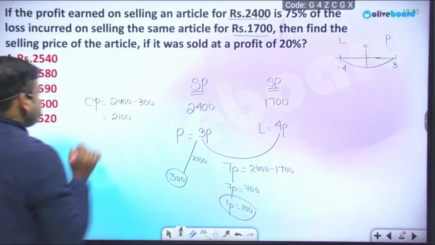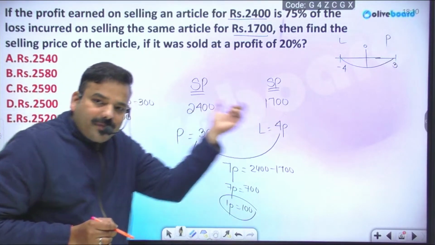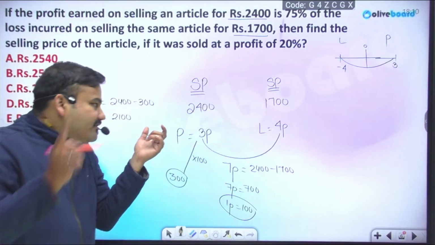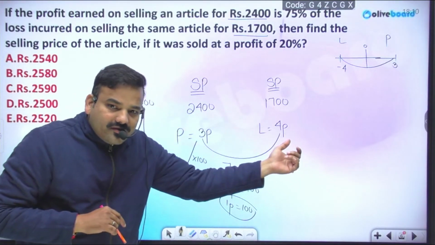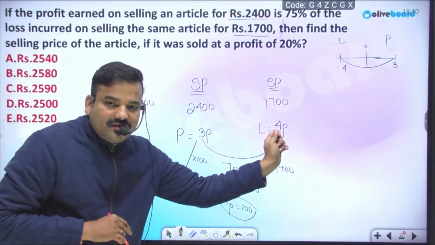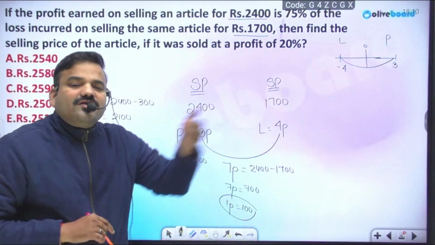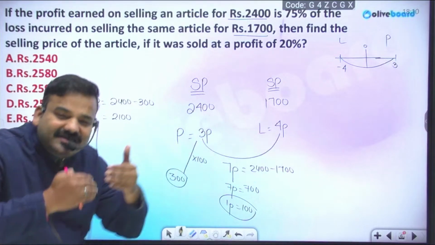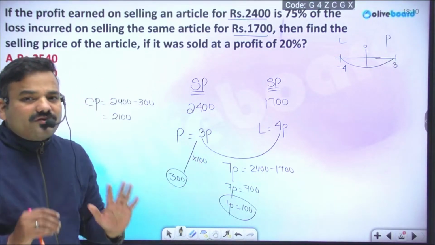Again, the article was sold at two variable prices. Initially I was making a profit of 3 units. Now I am making a loss of 4 units. The profit gets converted into loss. So from 3 units of profit to 4 units of loss, there is a change of 7 units. And the change in profit or loss percent always depends upon the change of selling prices.